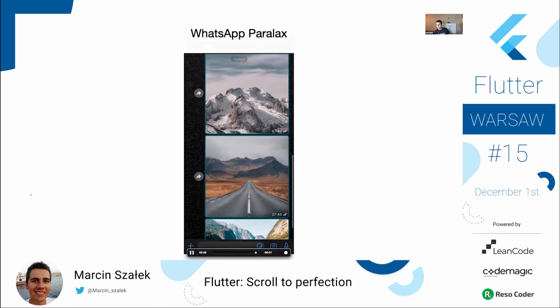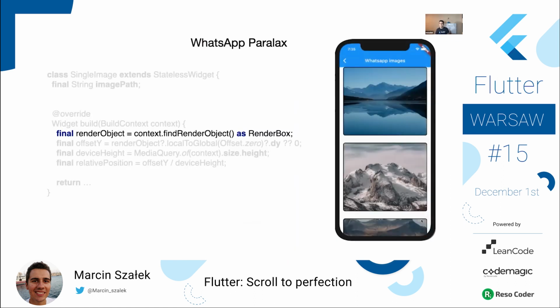The clicker is not helping me today. Let's have our widget that we call single image. We will start with getting the render object from our context using the find render object method. Now, I will not explain exactly what a render object is because it would be a separate talk just for that.